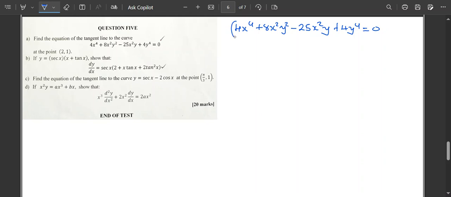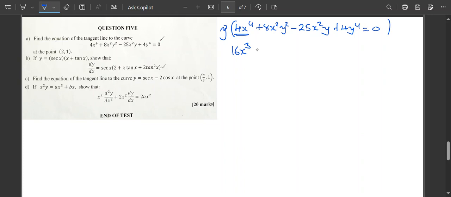How do you differentiate this one? You differentiate throughout with respect to x. I like using prime, so I'll be using just the prime instead of dy dx. So dy dx of this will be just 16x to the power 3.